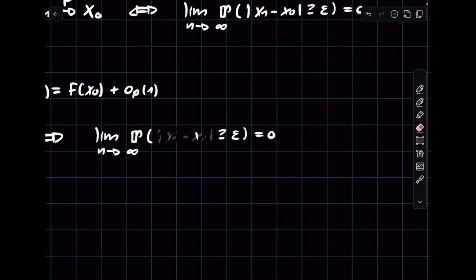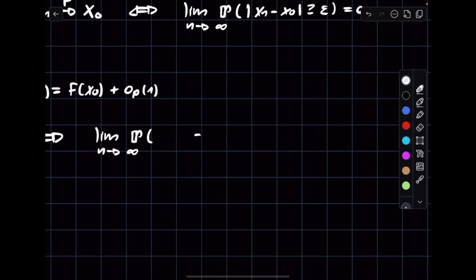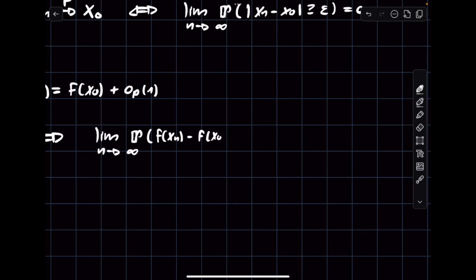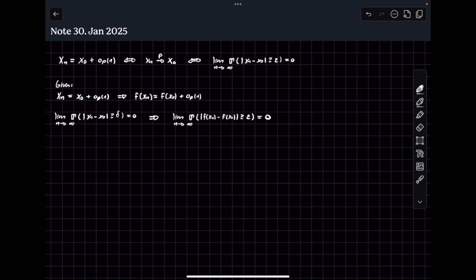Now let's just rewrite this. Oops, I forgot this guy. Okay, perfect. f of X_n minus f of X_0, and this has to be an absolute value, so let's make it a bit more space. This is what we want to prove, basically.